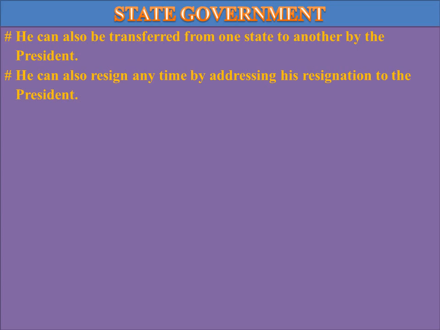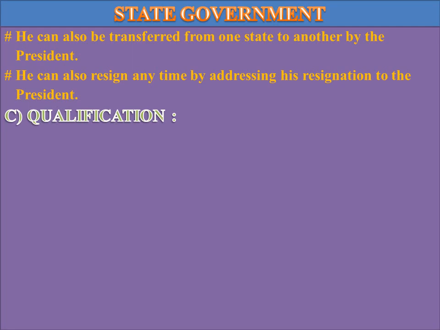According to Article 158 (3A), where the same person is appointed as governor of 2 or more states, the emoluments and allowances payable to the governor shall be allocated among the states in such proportions as the president may determine.